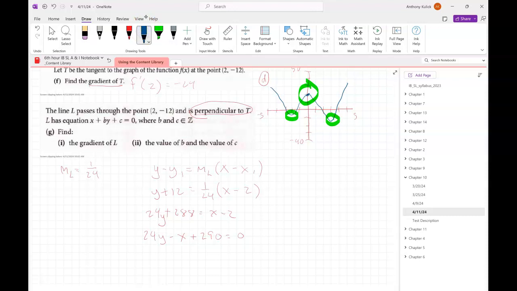There's one little problem with the way I've written things. X needs to be positive, right? So b is negative 24 and c is negative 290.